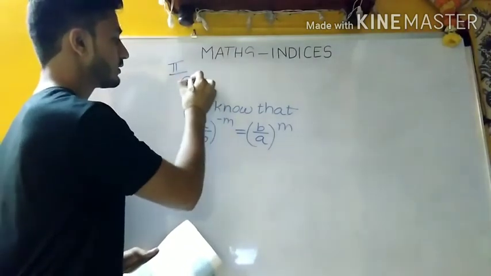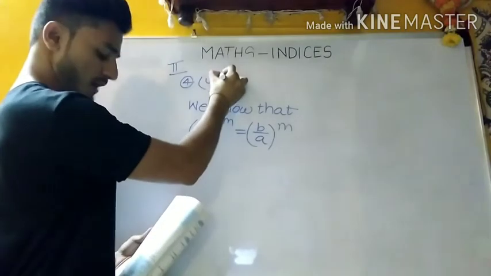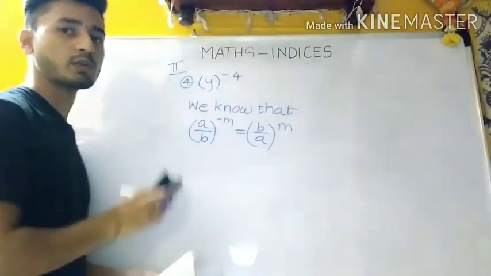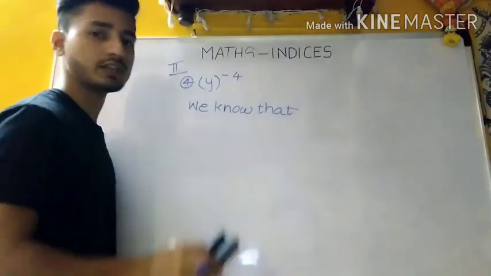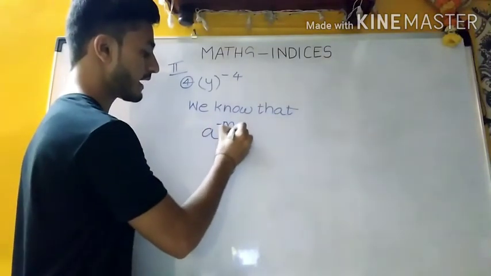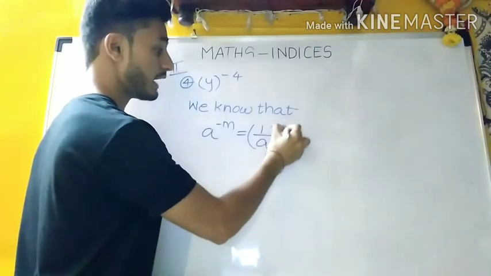Here it is y raised to the power minus 4. Now whenever there is a single number, only the numerator is present and no denominator, that time you will use this formula, that is a raised to the power minus m is equal to 1 upon a raised to the power m.